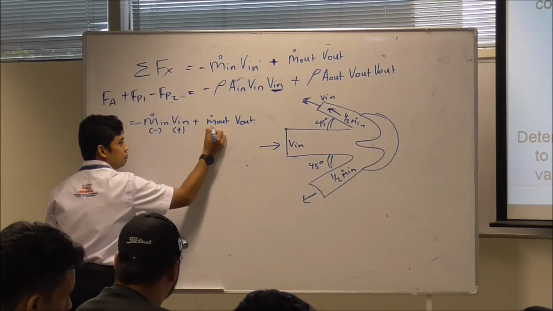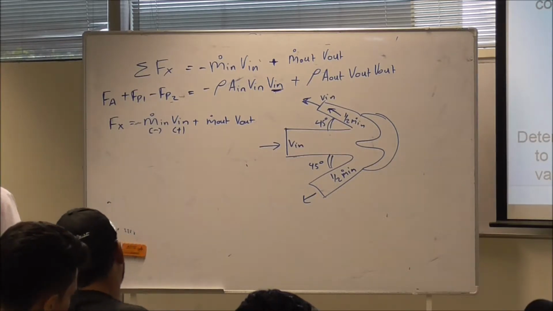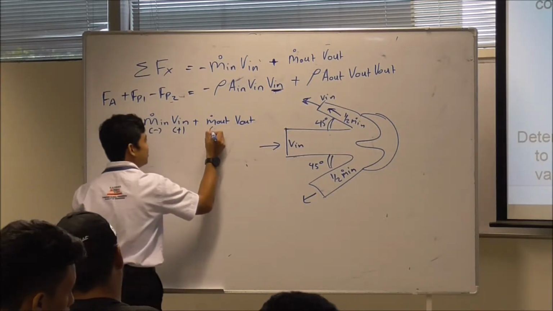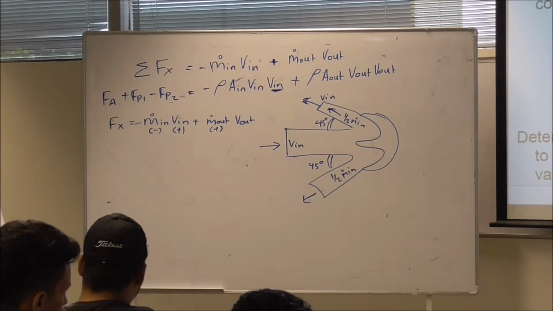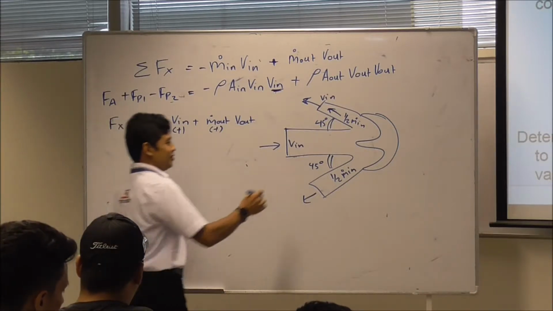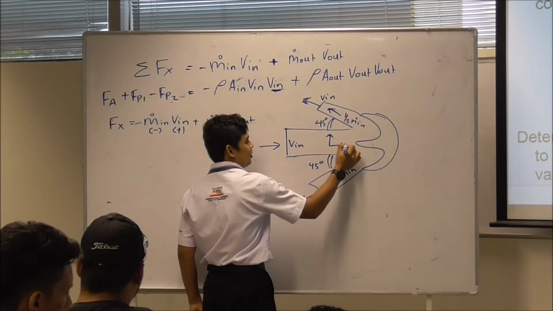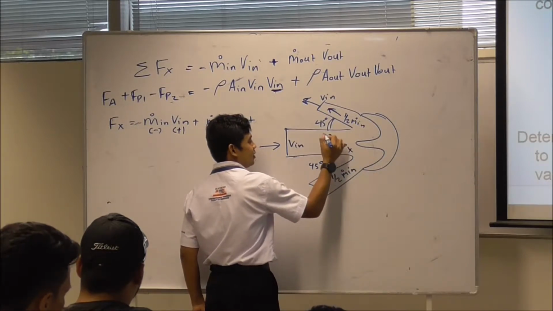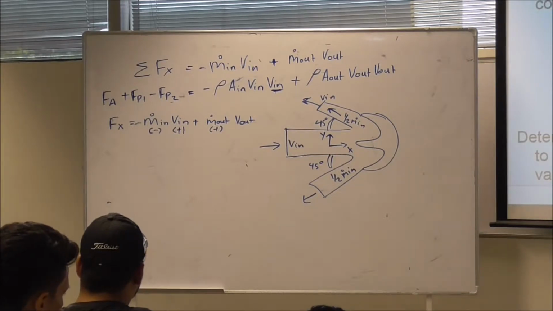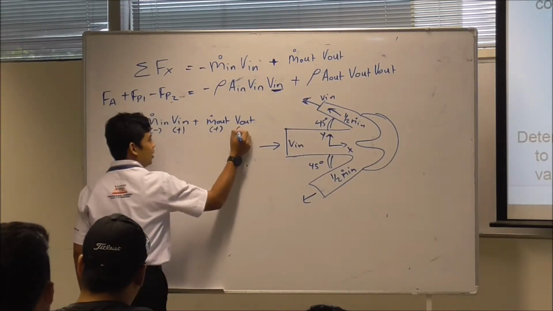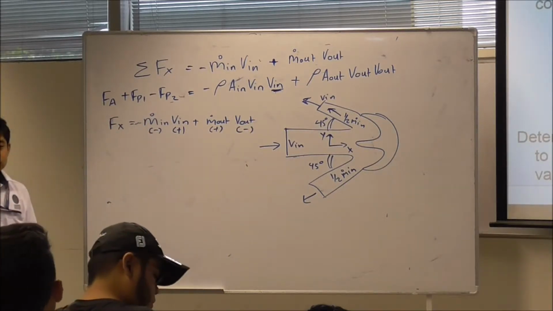Positive or negative? Positive, V out. Positive or negative? Sure, positive. Where is your X and Y? Me, X, Y. So your V will be negative.